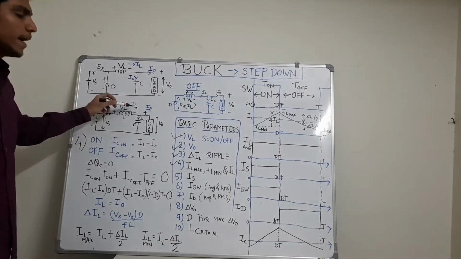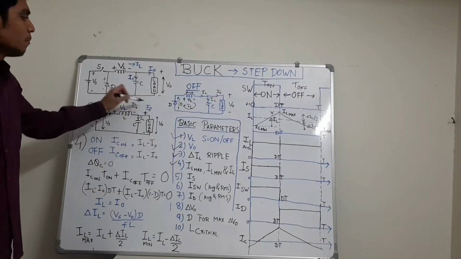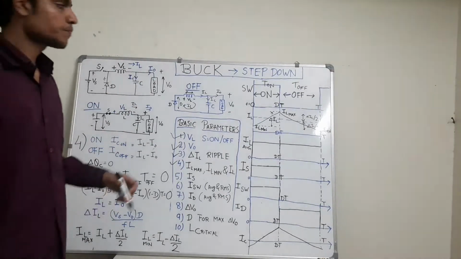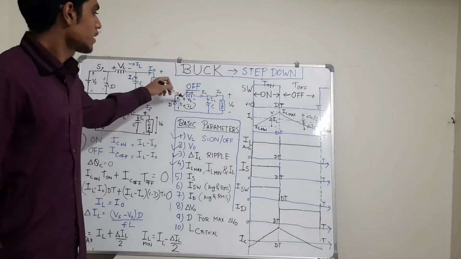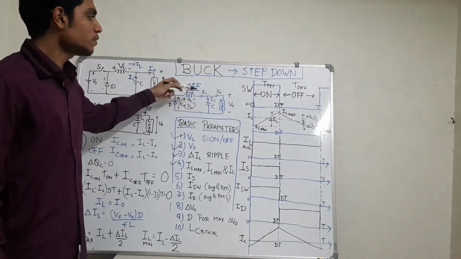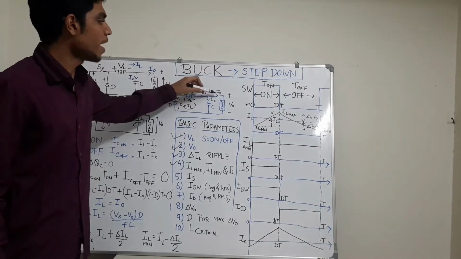So we can write by KCL that IC equals to IL minus I0. Now during the off condition, same thing still happens. Inductor is discharging in this direction only. That's why IC will still be equal to IL minus I0.